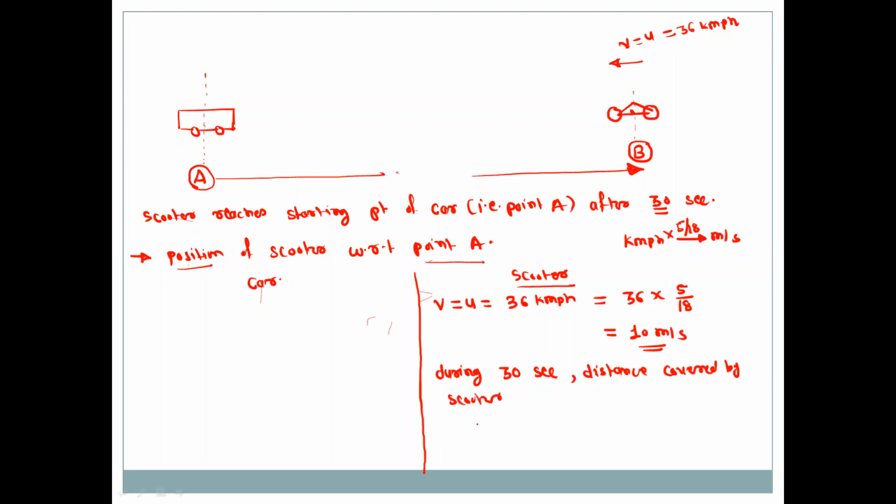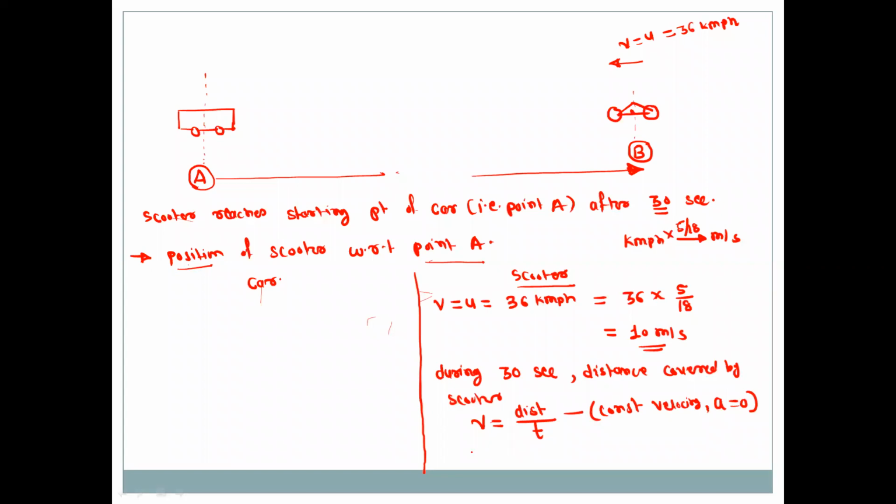So this we can find out by using the formula. Velocity is equal to distance divided by the time. So this formula is only used for the constant velocity. So you can write down this. This is for the constant velocity. So if there is a constant velocity, that means acceleration, this value will be 0.